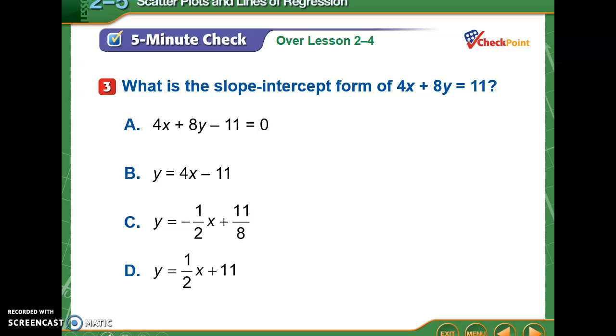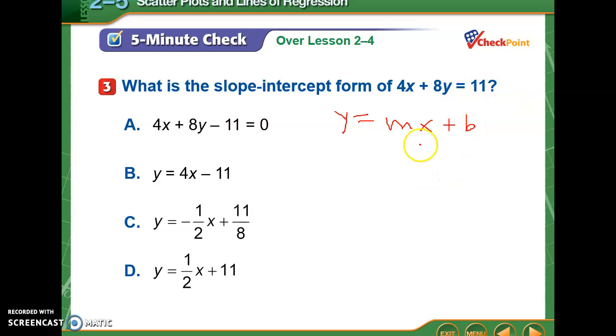Alright, problem 3. What is the slope-intercept form of 4x plus 8y equals 11? So, you're going to solve for y. Okay, that's the meaning of slope-intercept form. You're going to convert this standard equation into y equals mx plus b. So you're going to move everything to the right and leave y by itself.